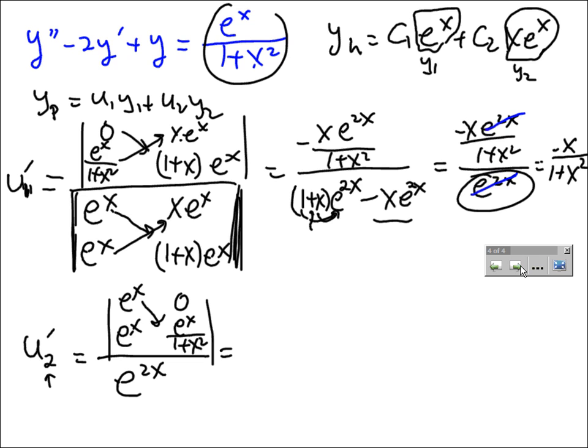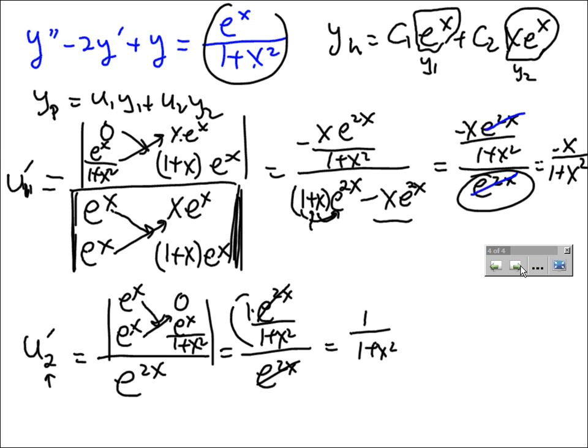So it's going to be that product, which is e to the 2x over 1 plus x squared minus 0. And we divide it by e to the 2x. So we get 1 over 1 plus x squared. There's an understood 1 here, and that cancels out. So what survives is 1 over 1 plus x squared. This is u2 prime.